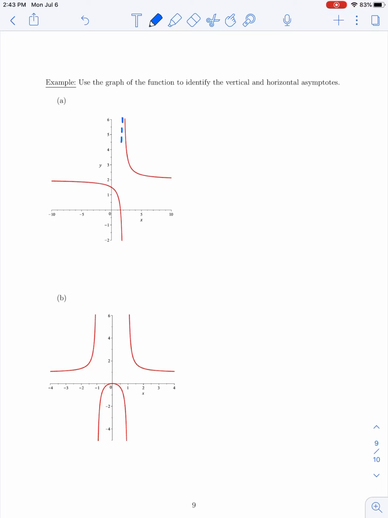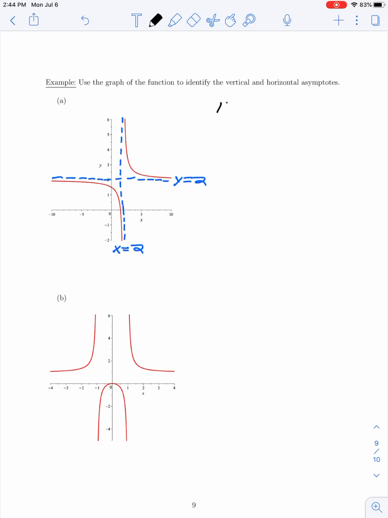For this function, we see that there appears to be a vertical asymptote passing through the point x equals 2 and a horizontal asymptote passing through y equals 2.